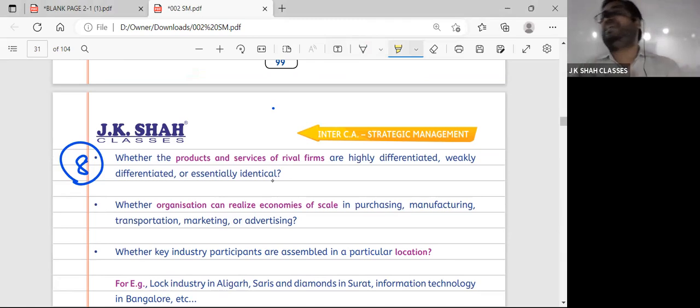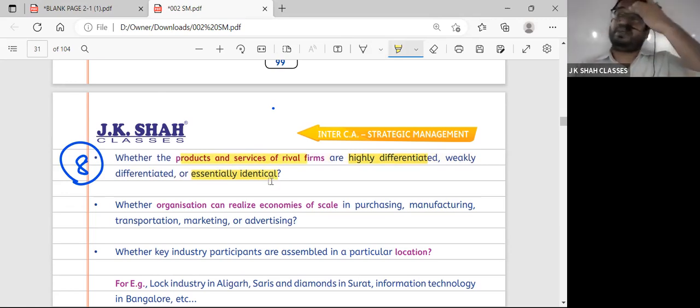No, it was identical. If Huawei launches their Harmony mobile phones, then we can say it is different. So the product or services that you are going to give, is it differentiated or identical? This is your 8th point.